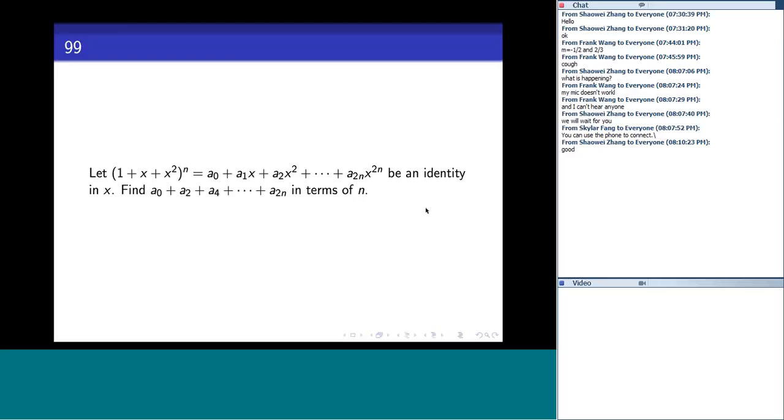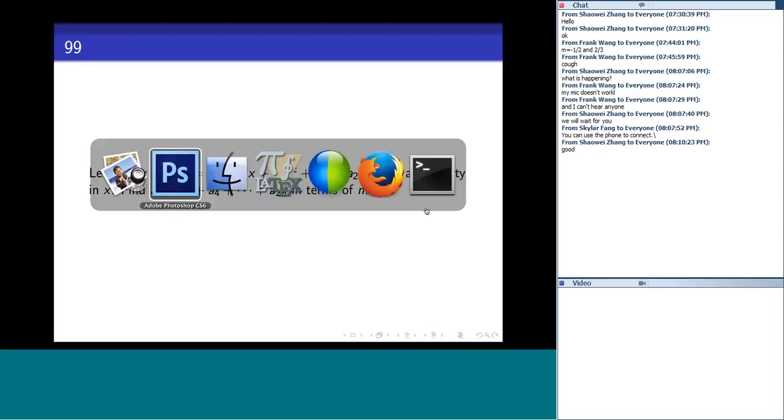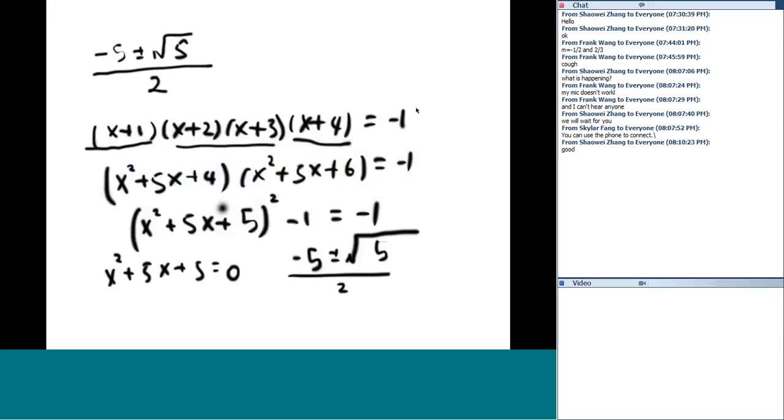I got X. I think. No, wait. That's wrong, I think you mean 1. Yeah, all right. X equals 1. Let's see what we have. I don't think I finished this one. Never mind.